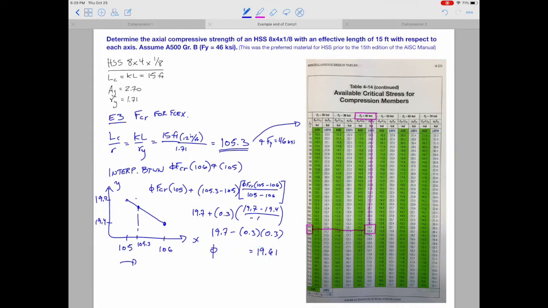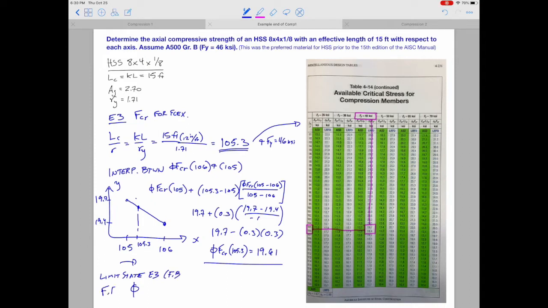So that's my phi F critical at 105.3. Great. Okay, so I have that. So if I want to do limit state from E3, flexural buckling, right?